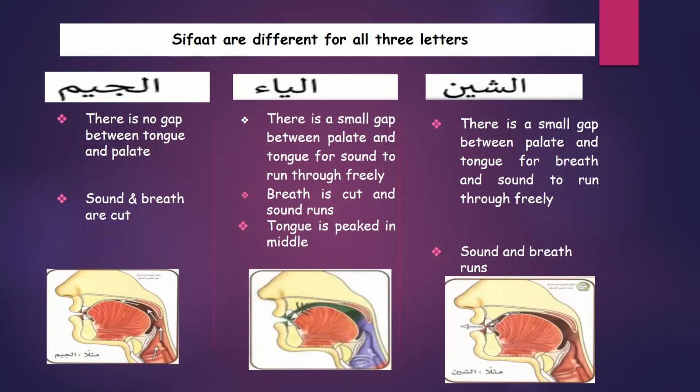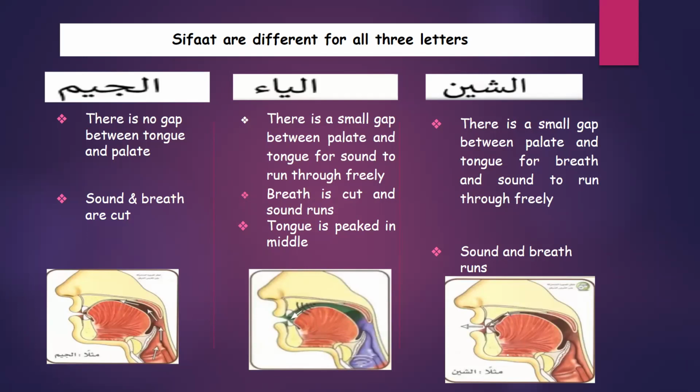For the letter ya, the tongue will be raised, but there would be a small gap between the palate and the tongue for the sound to run through freely. So when you say ay, ay, ay, as you can see, the sound is running through freely.